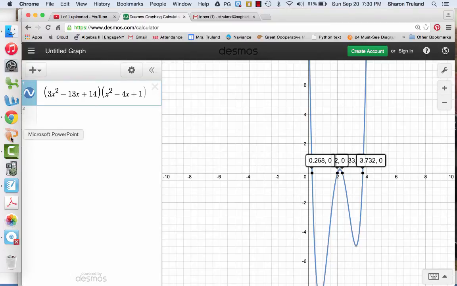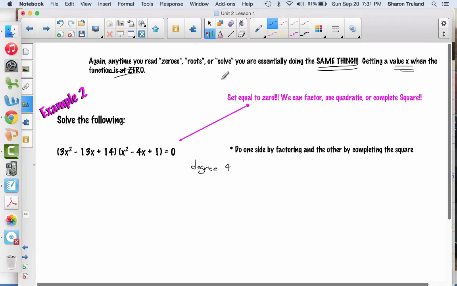So now I can go back here, and I can see that one side is going to factor. And with Desmos, it told me that my answer for my roots were x equals 2, x equals 2 1/3. So if I go backwards, that comes from x minus 2. 2 1/3, well, that's 7/3.